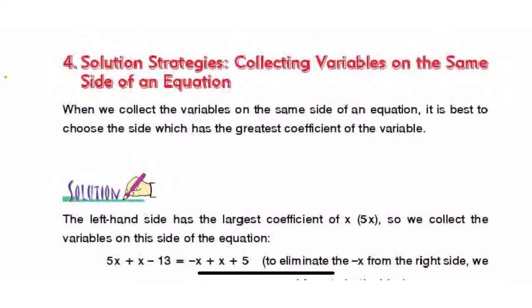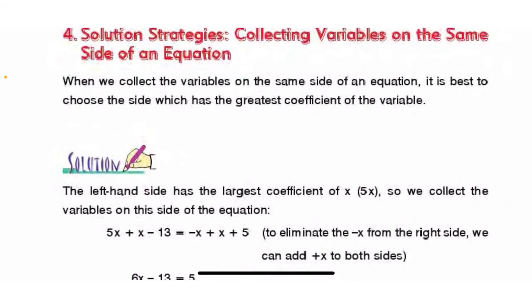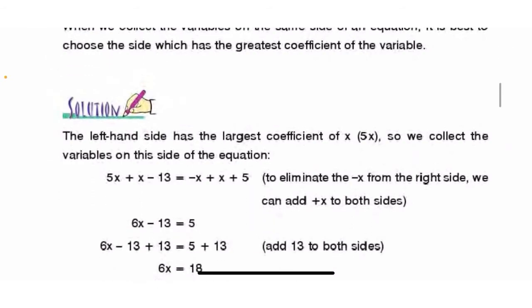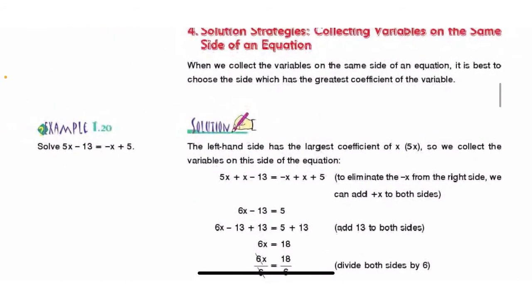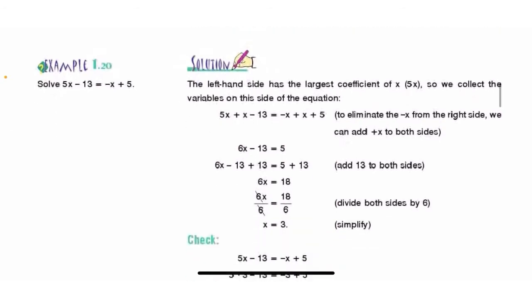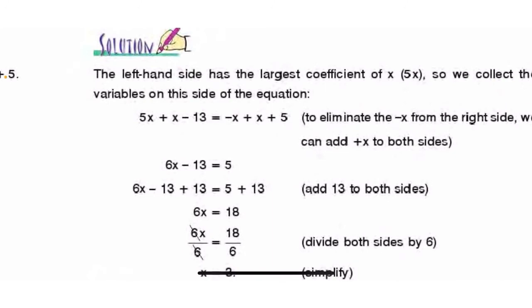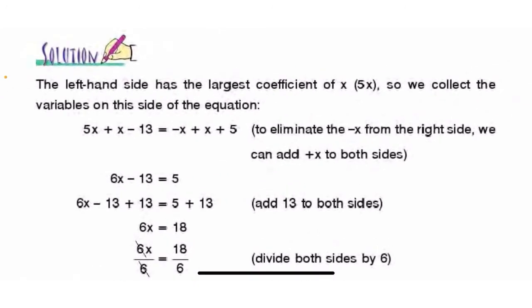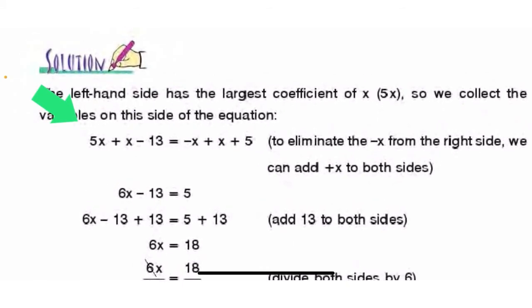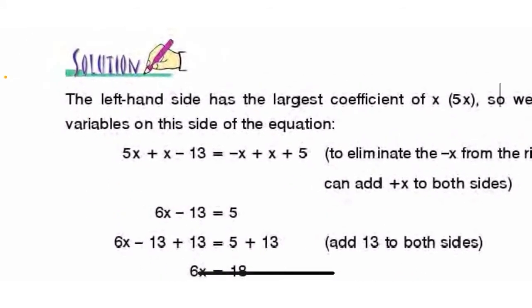When doing that, it is best to choose the side which has the greatest coefficient of the variable. For example, in 5x minus 13 equals negative x plus 1, the largest coefficient of x is 5 here, so we collect variables on this side, that means on the left-hand side of the equation.